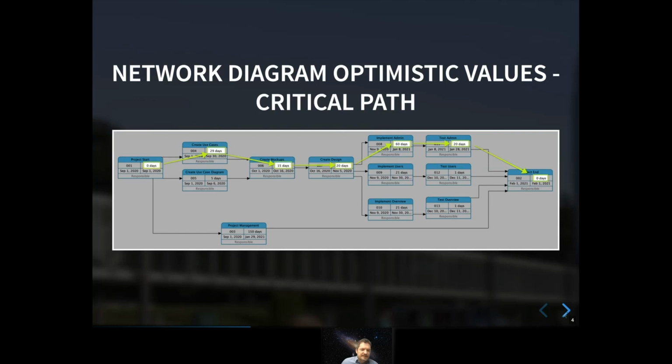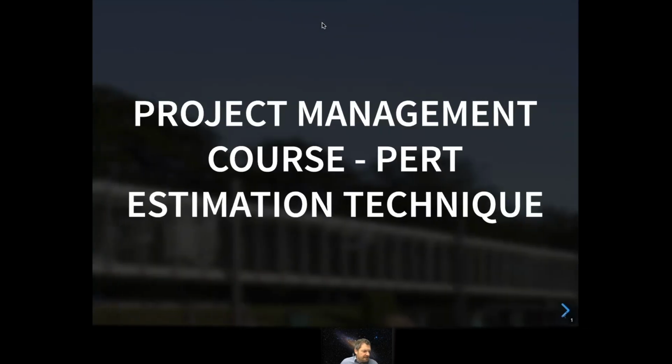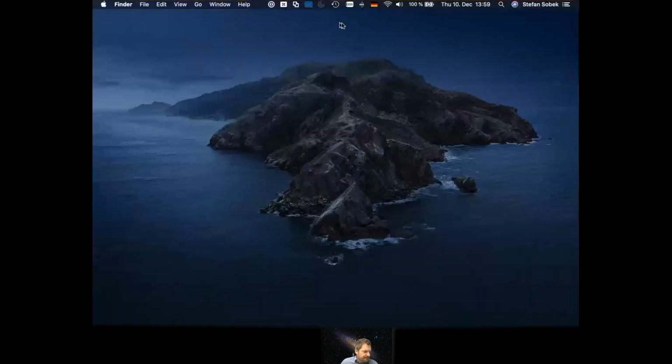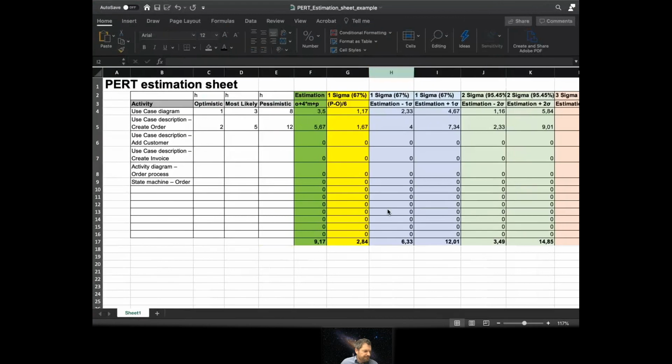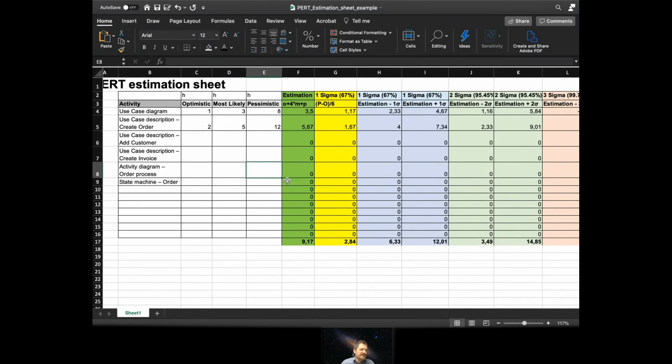But for us here, it's important to play around a bit with some estimation technique. One other thing I would like to show you, which I created in a few minutes.